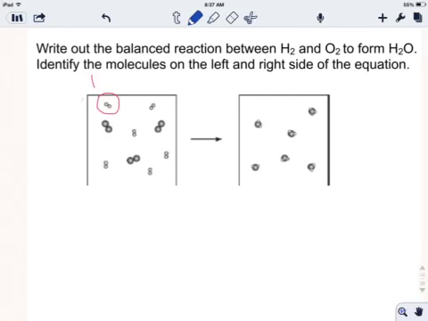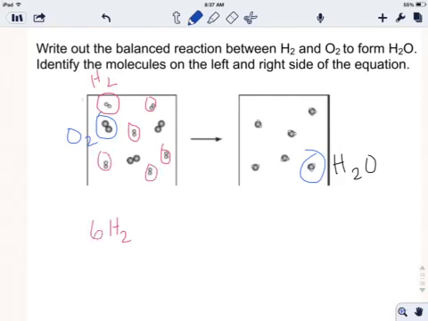All right, this is a fun little reaction here for us to balance. This is H2. The bigger compounds are O2. And in our product here is what H2O looks like. So if we try and balance this reaction between hydrogen and oxygen, we can see that in our reactants we have 1, 2, 3, 4, 5, 6 hydrogens, and we have 3 oxygens.